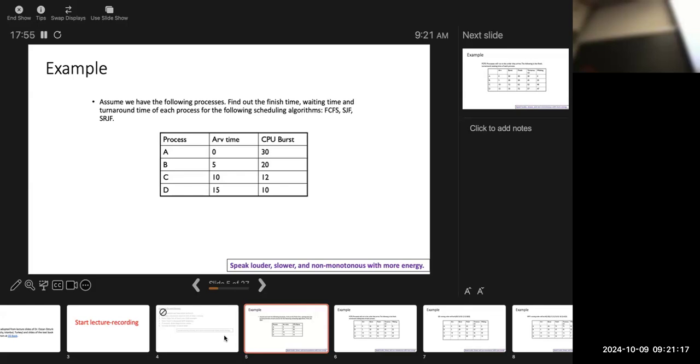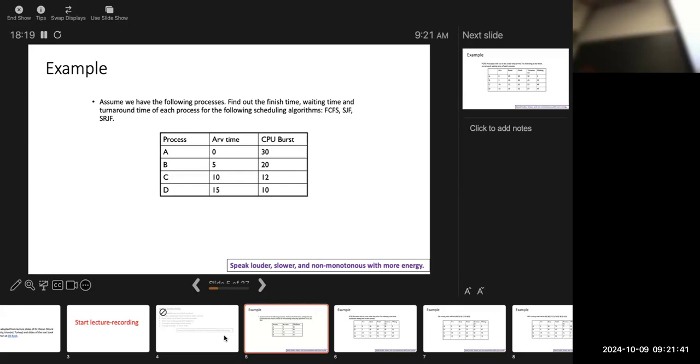Now I look again at the ready queue. I see A, B, C, and D. The smallest one is still C, so I continue with C. It executes for 5 more time units, which basically means 22 here.